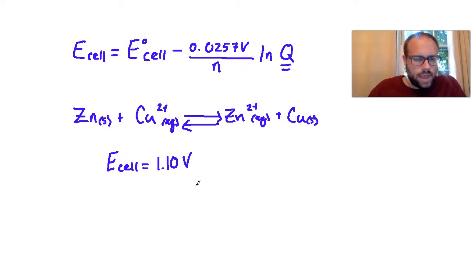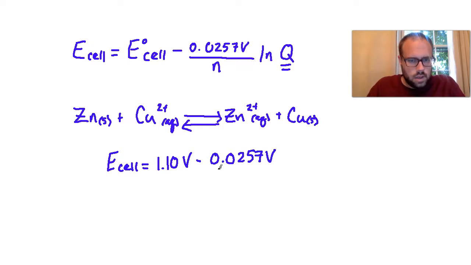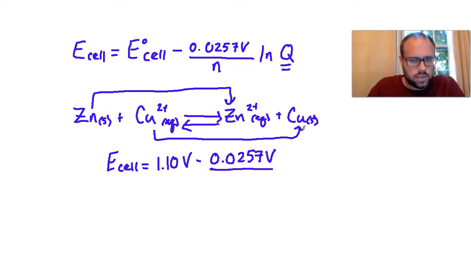If you don't remember that, go back and watch the video on the galvanic cells where we set up the crude beakers and we talked about the passing of electrons back and forth between the electrodes. Okay, so I'm going to take that minus 0.0257 volts. The number of electrons being passed here would be 2, so zinc loses 2 electrons in this process, copper gains 2 electrons in this process. We can see that from the charges.